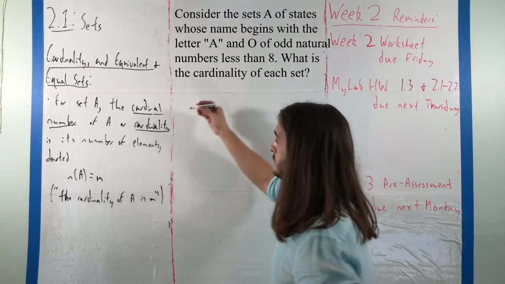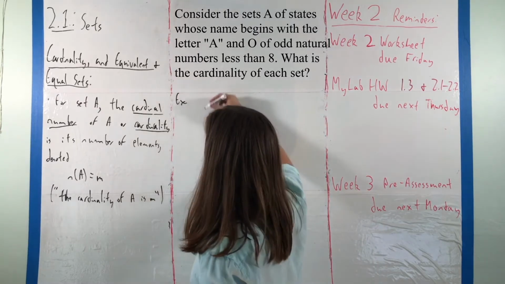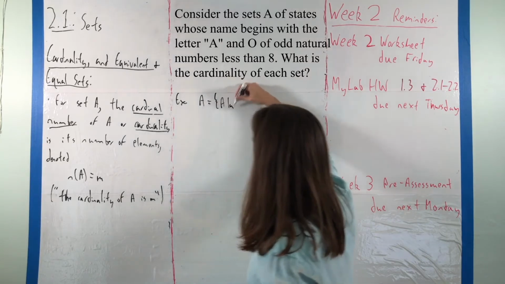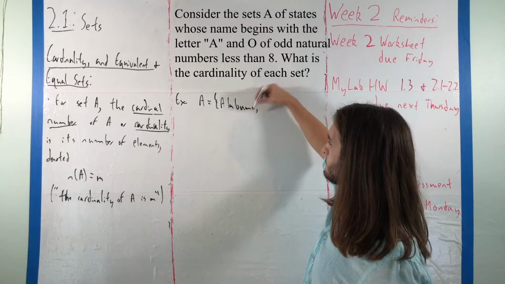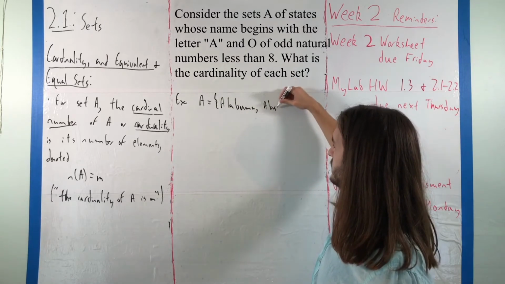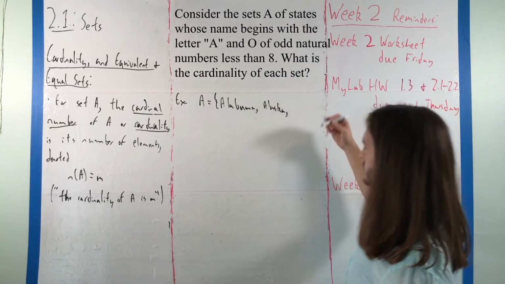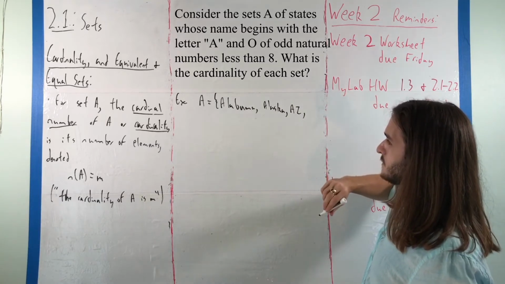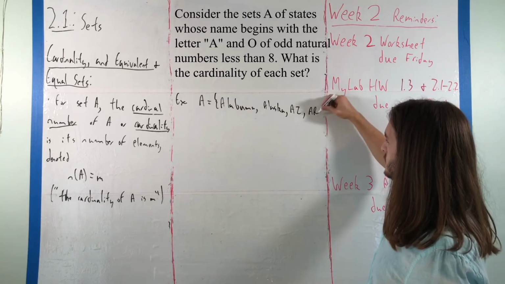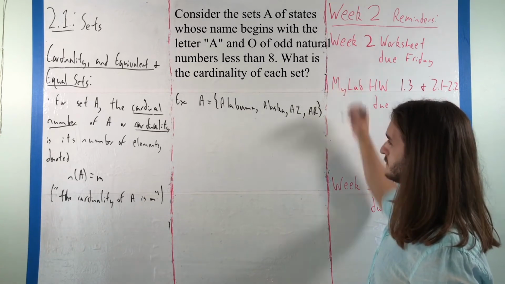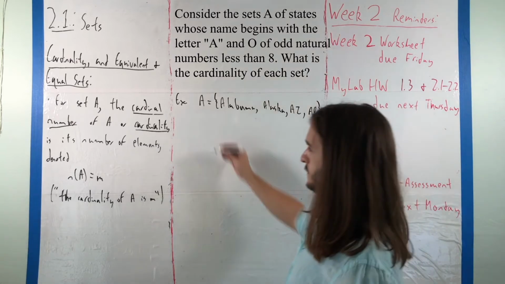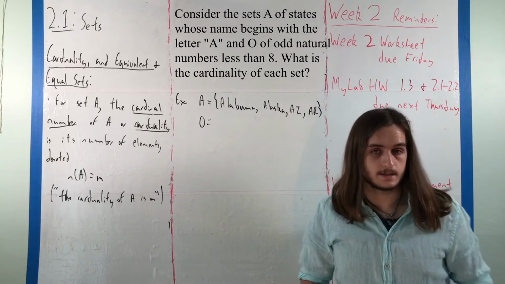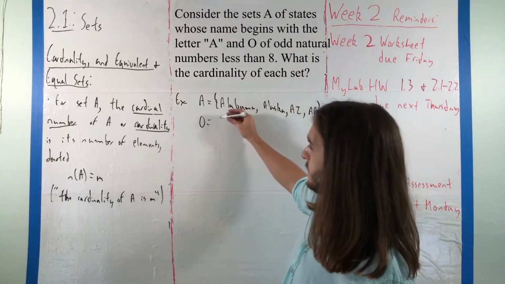If we wanted to write those sets out, we would get A is equal to Alabama, Alaska, Arizona, and Arkansas, so I believe it is AR, ran out of space, while the set O, the set of odd natural numbers less than 8, is 1, 3, 5, and 7.